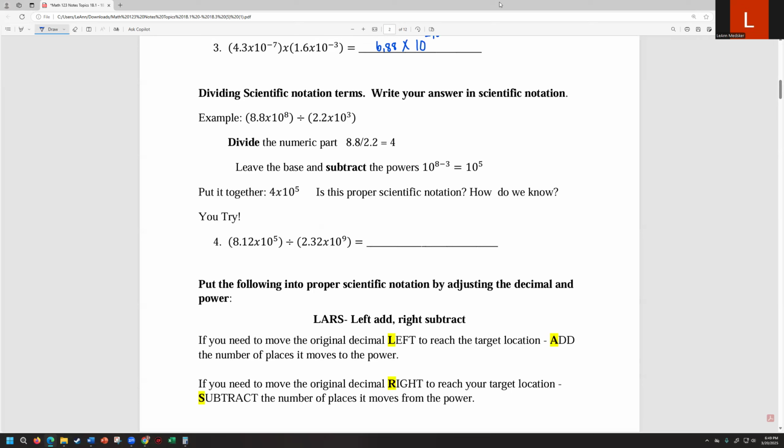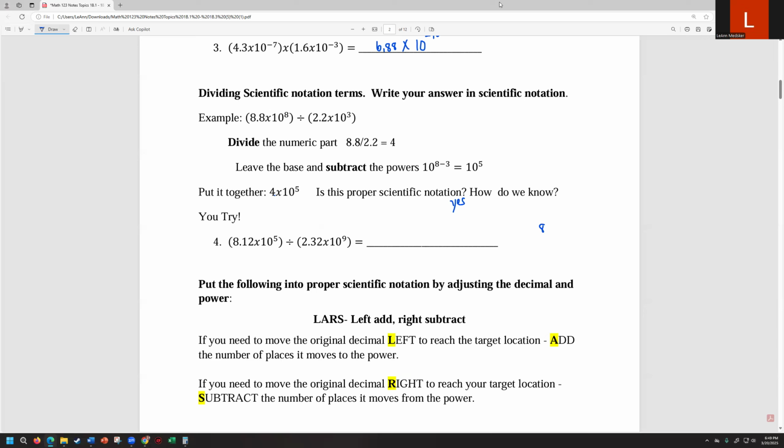And then we're subtracting the power on the bottom, which is a 3. So 8 minus 3 is 10 to the 5th. So this would be 4 times 10 to the 5th. And that is also proper because, even though we don't see the decimal, it's right behind that whole number. So there's only one digit between 1 and 9 in front of the decimal, and this is an integer. So we're good there.